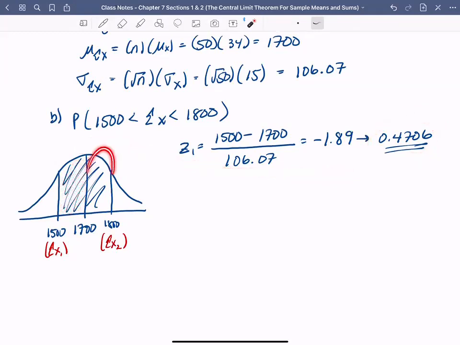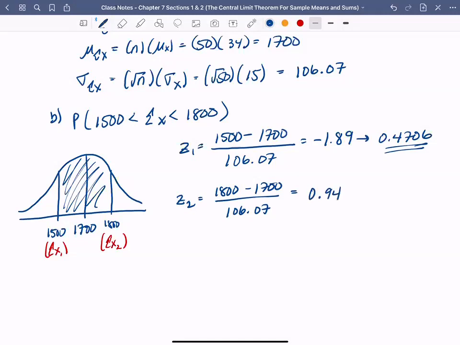Now we need to find this. So here's our second z value. Here's our second data point, which is 1800 now, and then everything else stays the same, minus our average, which was 1700, divided by our standard deviation, which is 106.07. We put this into our calculator, and we get 0.94.